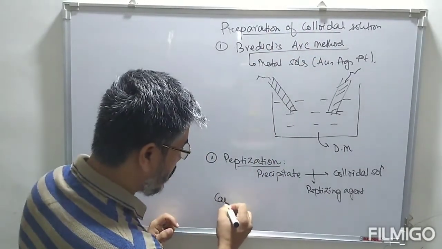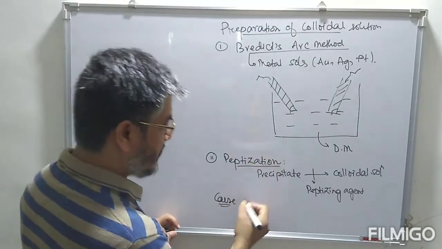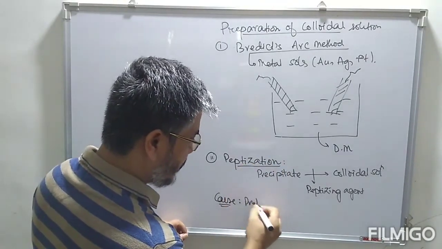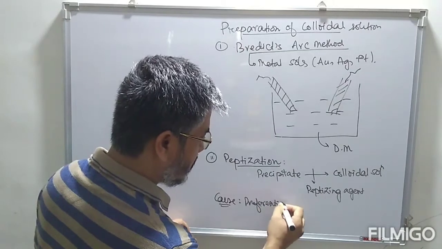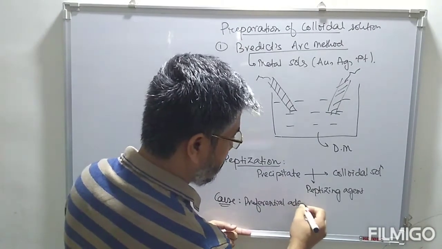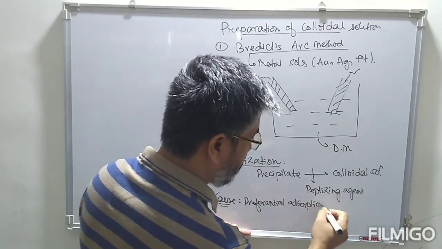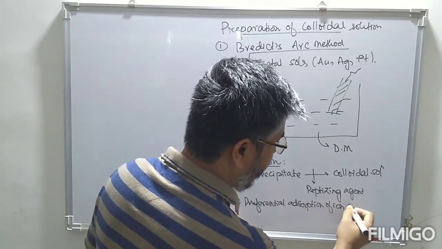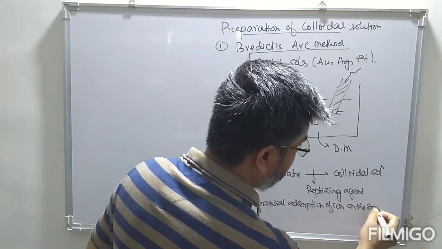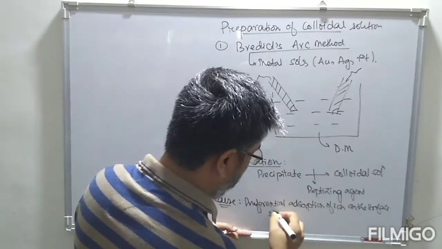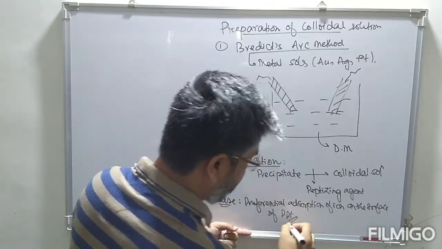So the cause of peptization is preferential adsorption of ions on the surface of precipitate.